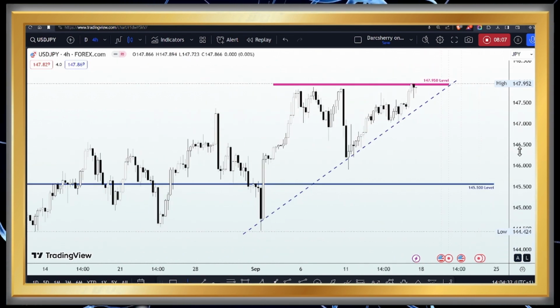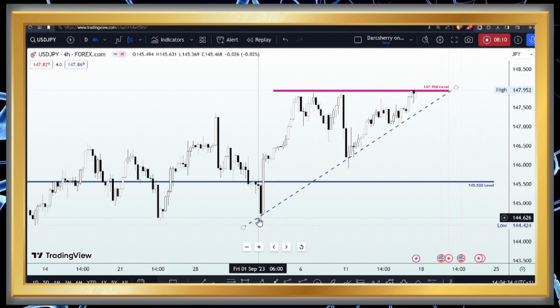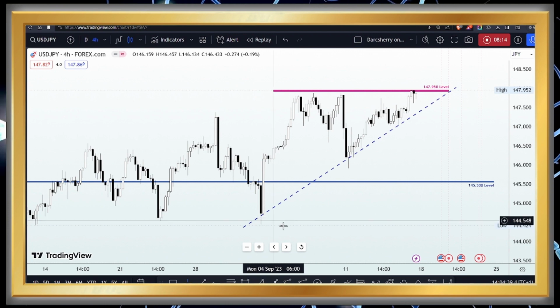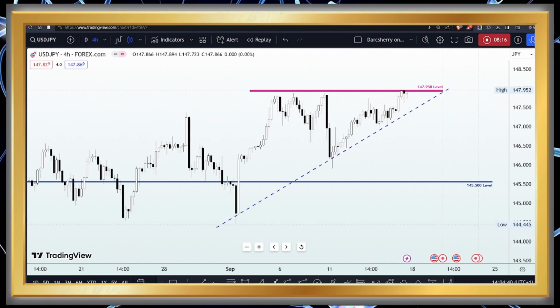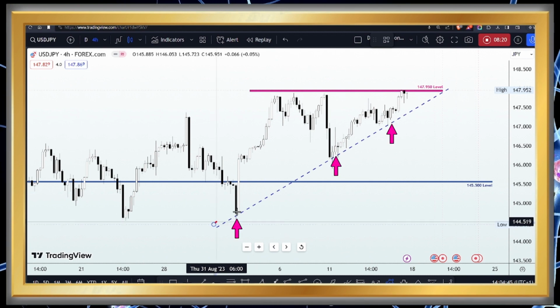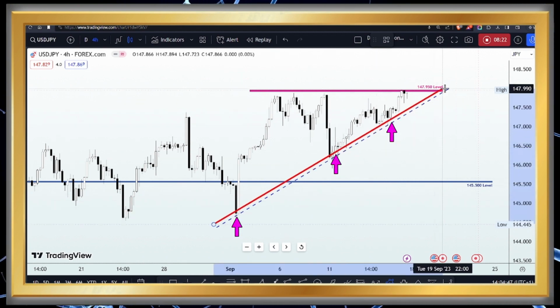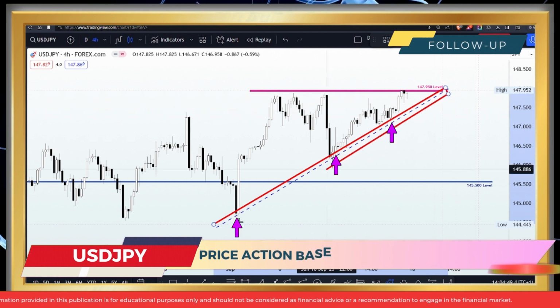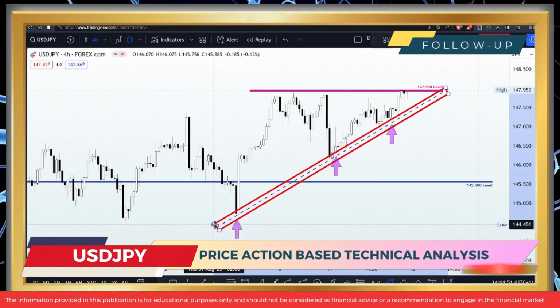Now, what I did here was to take into consideration the nature of price action since the beginning of this month, and in fact, if you do that appropriately, you will see that we have a bullish momentum where we have an ascending trend line after connecting the series of higher lows.